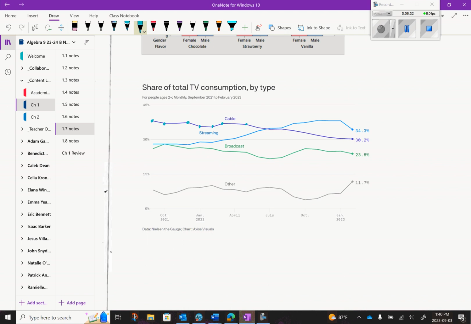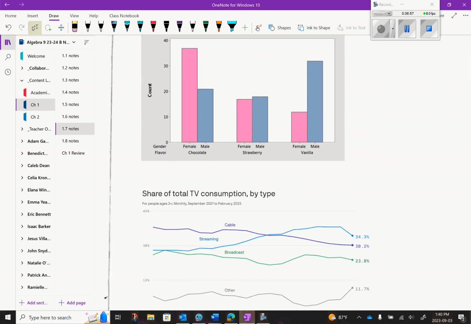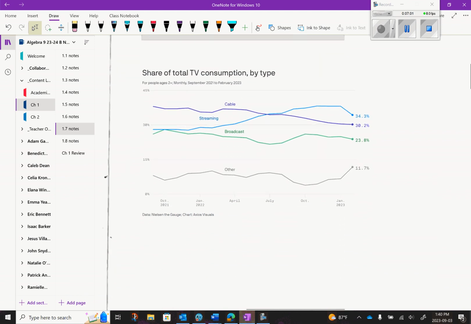And then again, showing here as time goes on how cable's decreasing, streaming has been increasing, but recently dropped off, broadcast, and then other. Okay, so again, it's a visual way. It doesn't matter if we're talking about a line graph or a bar graph here. It's a way of showing the data in a way that's informative.